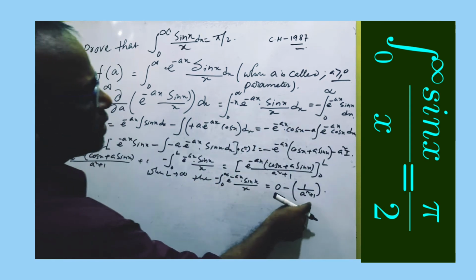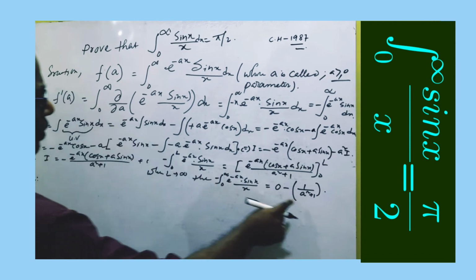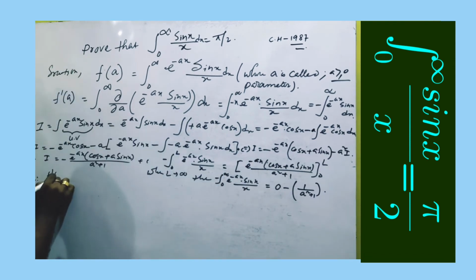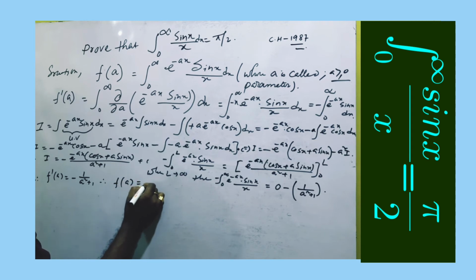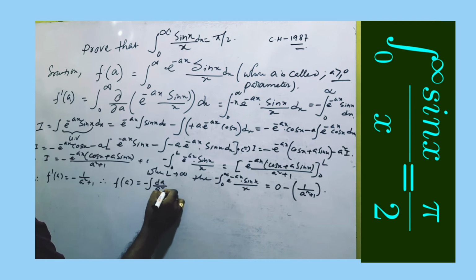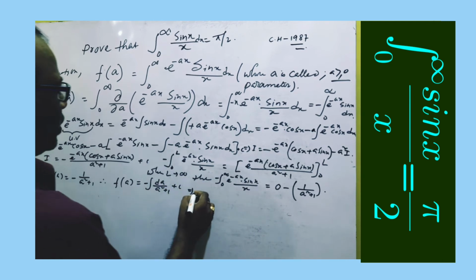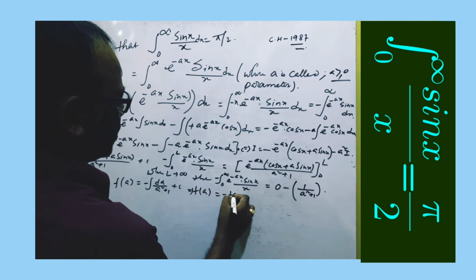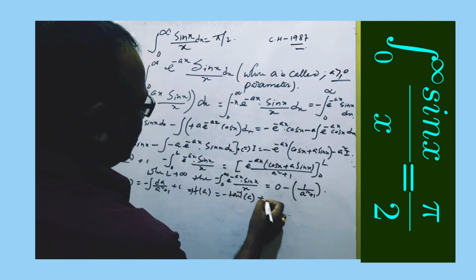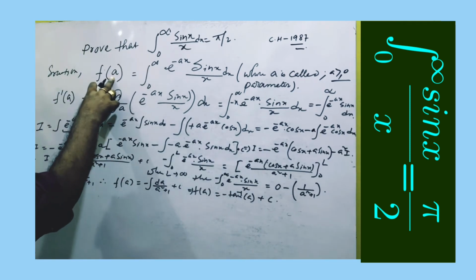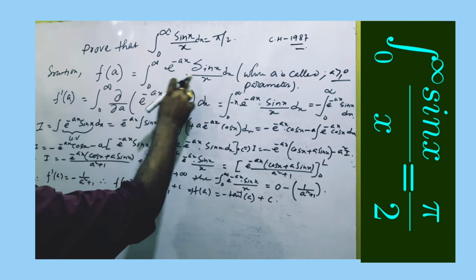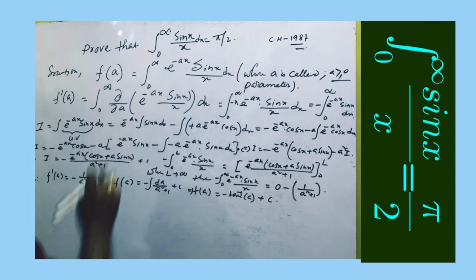Therefore f dash a is equal to 1 by a square plus 1, therefore f of a is equal to minus integral da by a square plus 1 plus c, and that is equal to minus tan inverse a plus c. Okay, c, if we put 0 in place of a, then we get integral 0 to infinity sin x by x, and this is your query.